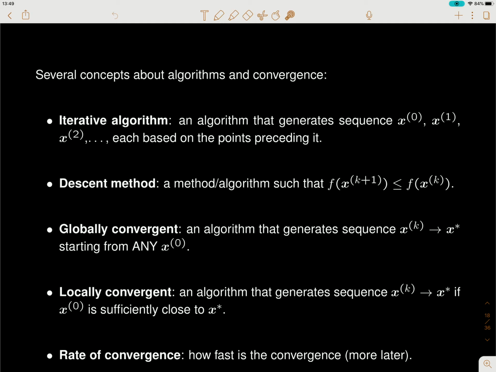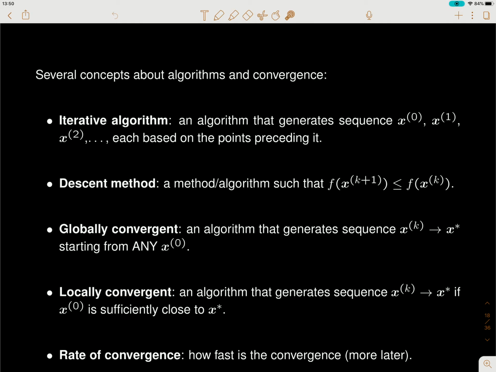Then we say this method is globally convergent. In contrast, a method is not globally convergent if starting from some x0 the algorithm will converge, but if you give a very bad x0, the algorithm may not converge. Okay? That's global convergence.